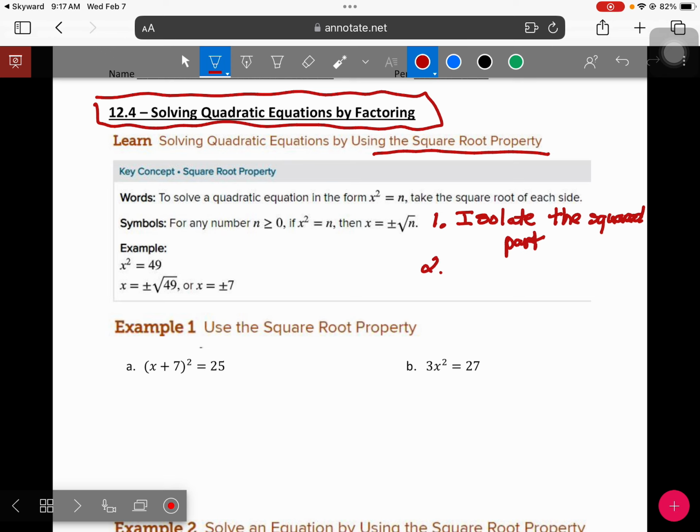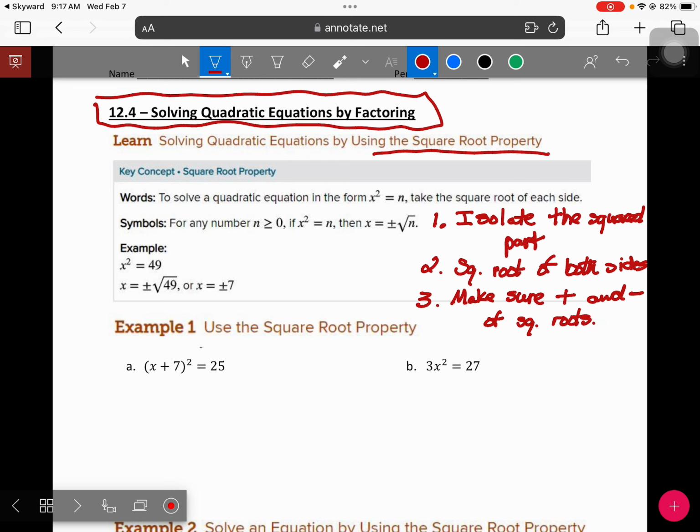Then number 2, take the square root of both sides. And then number 3, make sure you have the positive and negative of the square roots.